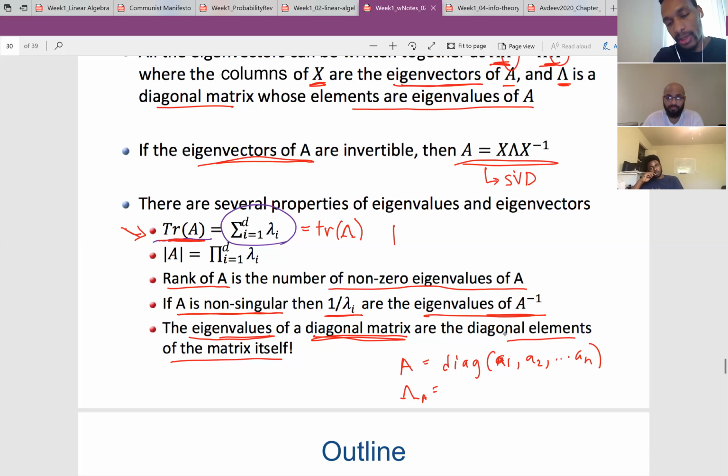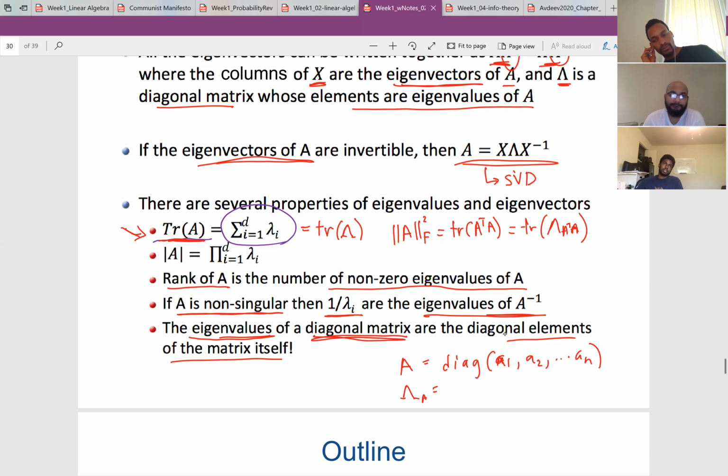The Frobenius norm of a matrix squared is equal to the trace of A transpose A. So if you can find the eigenvalues of A transpose A, this is also equal to the trace of the eigenvalues of A transpose A. So once you have that property, now you can determine that kind of norm easily.